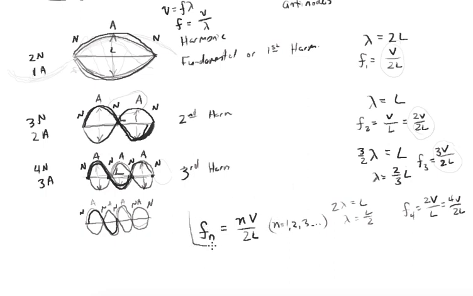And so that's going to be an equation for all of the frequencies of the harmonics that would create a standing wave on a string. Other frequencies would get all jumbled and mess up, and it wouldn't look very well. N equals 1 is the first or fundamental harmonic, that's this one, and then so on and so forth.